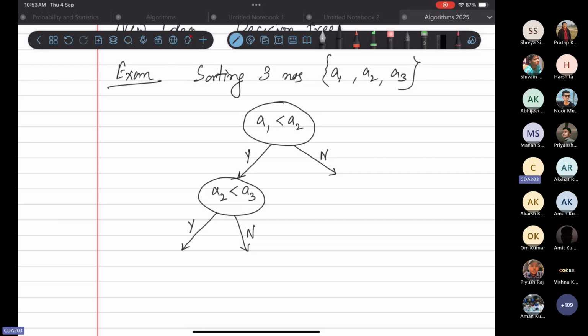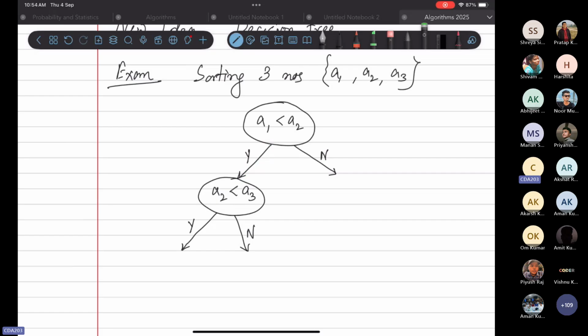First I have made this comparison, whether A1 is less than A2 or not, and I see a yes.